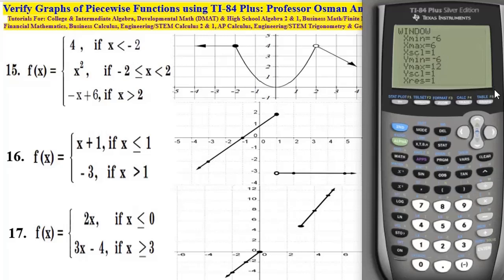Then simply graph. And here is the function.